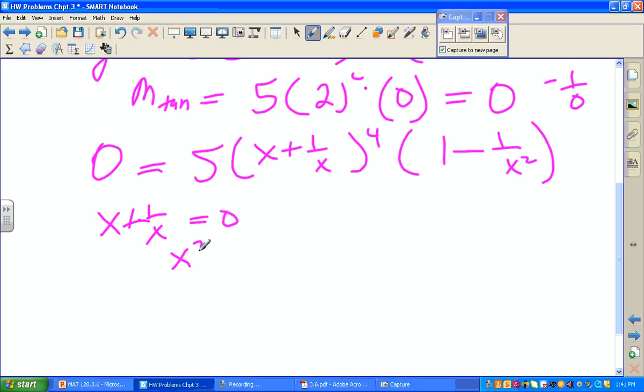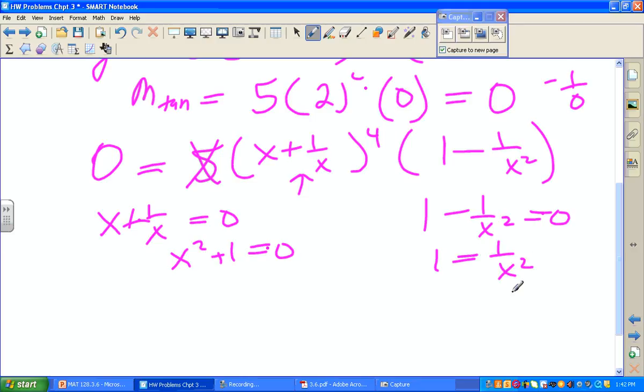There's not going to be anything there. So this factor is going to be a bust. Maybe this one's got something. Plus or minus 1?